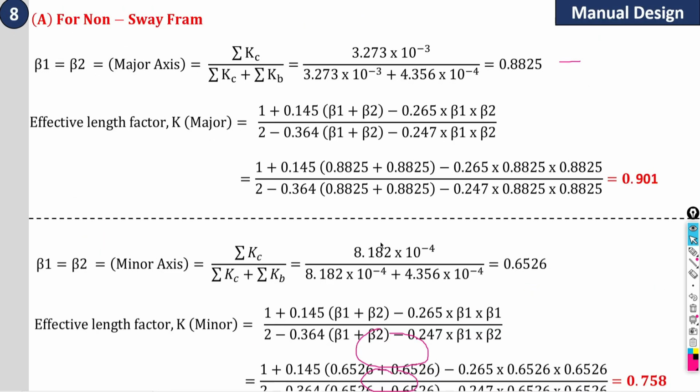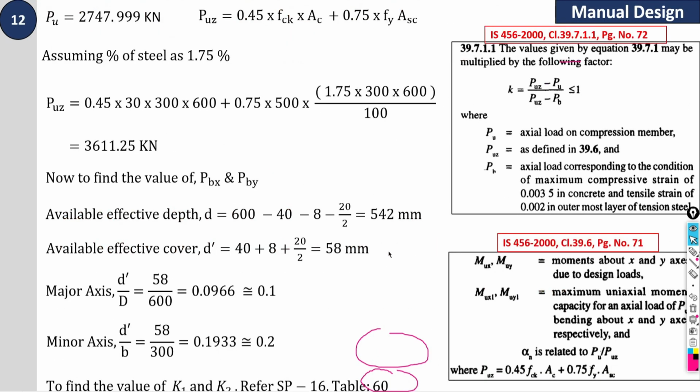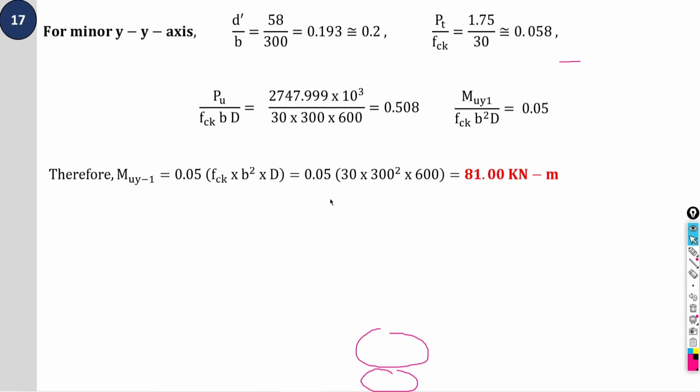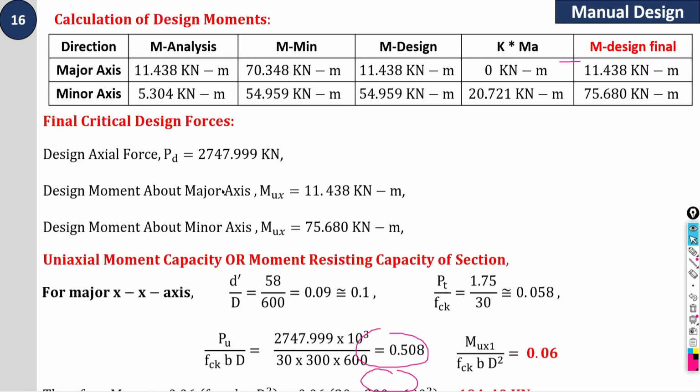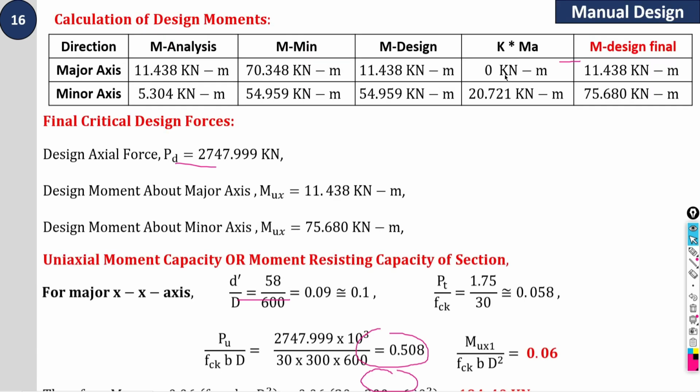Now we also have calculated the additional moment. So final additional moment after applying the reduction factor is 0 and 20.721.